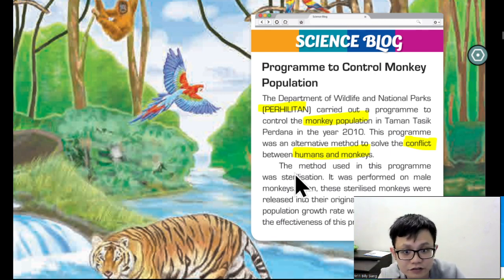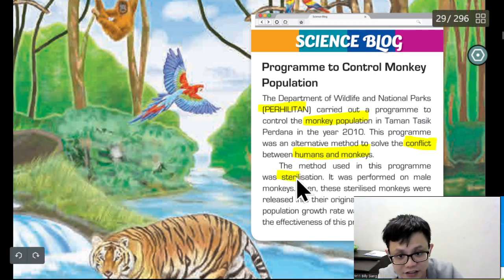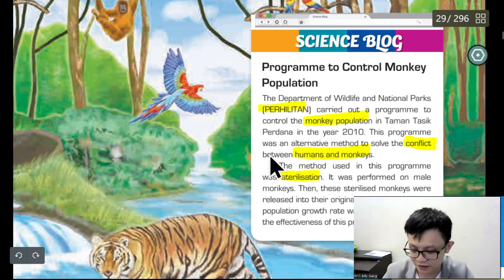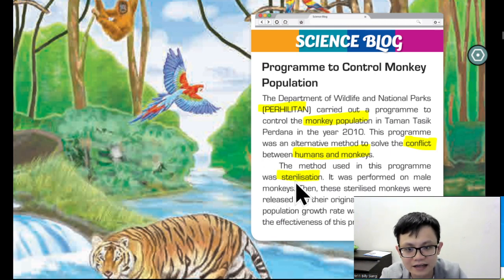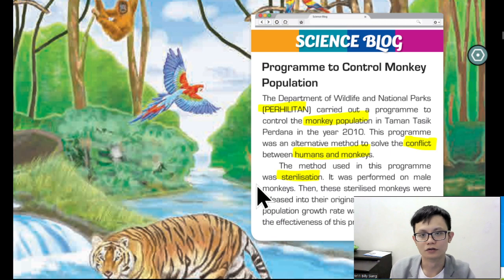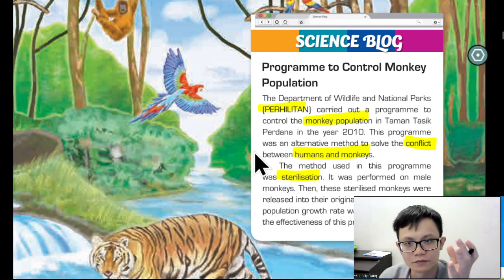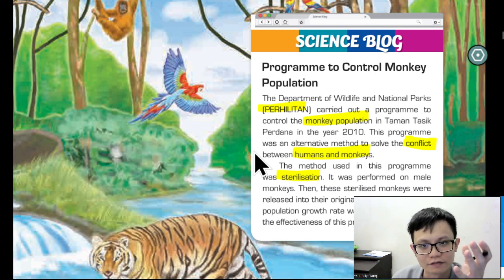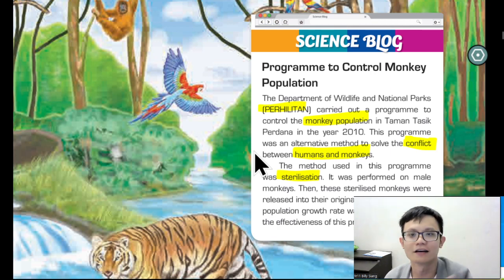The method usually used in the program was sterilization. What is sterilization? Sterilization means you do something to stop the reproduction. In Chinese we would say to castrate it. But you don't cut the whole thing, you know.